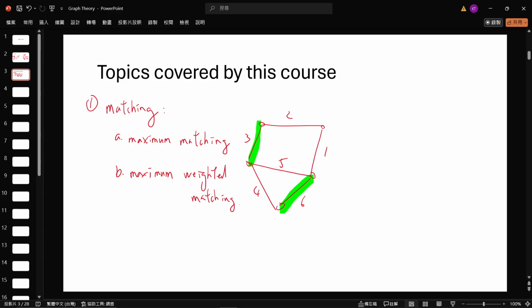And we'll also consider a different type of matching problem. This is called stable matching. For stable matching, this is a completely different setting. You can imagine that you are a dating agent. You have some male clients and some female clients, and you want to match them.